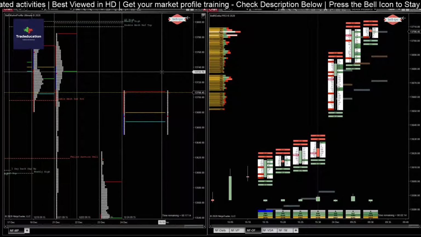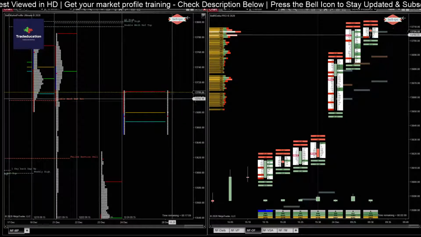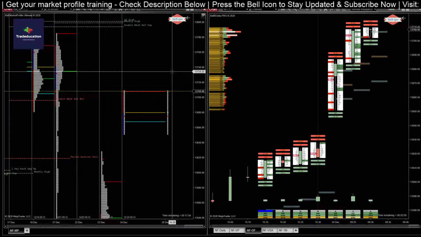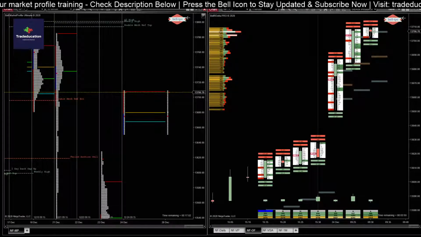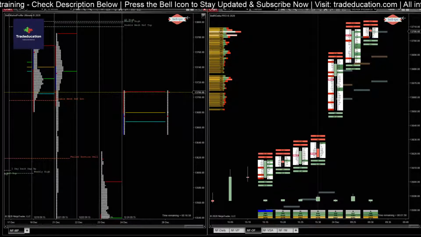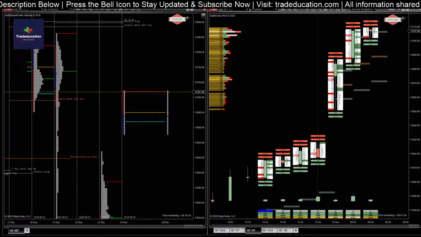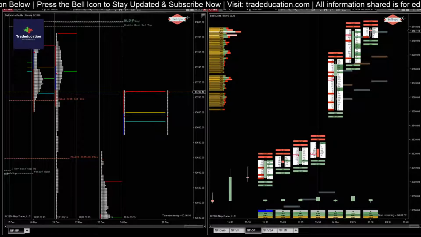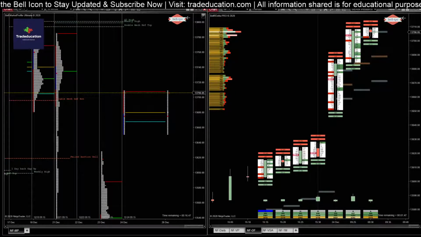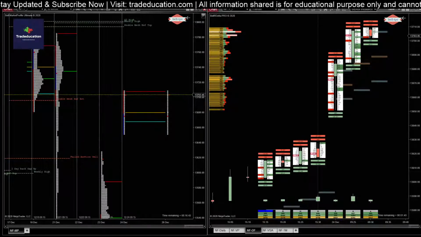Now I'll observe whether it reaches the POC or not. I'm expecting some sort of selling activity, some choppiness action, then a push to the upside. So let's see whether that happens or not. So again, sellers are stepping in.